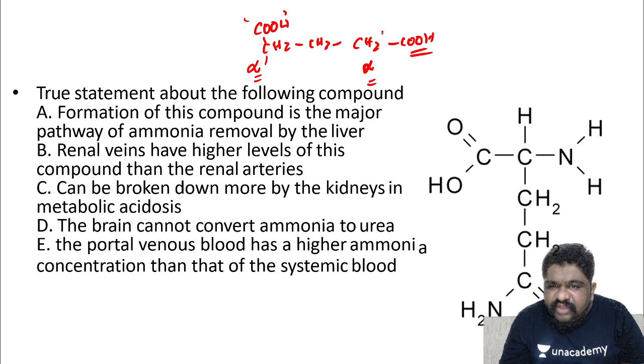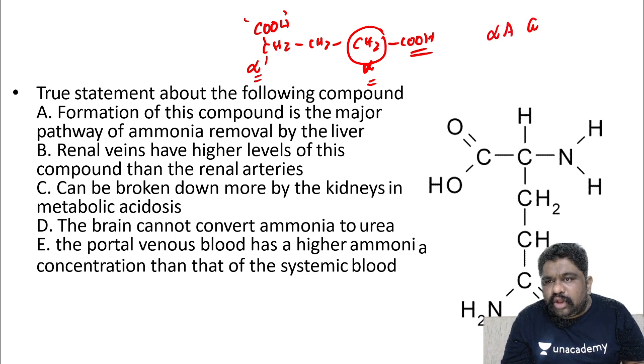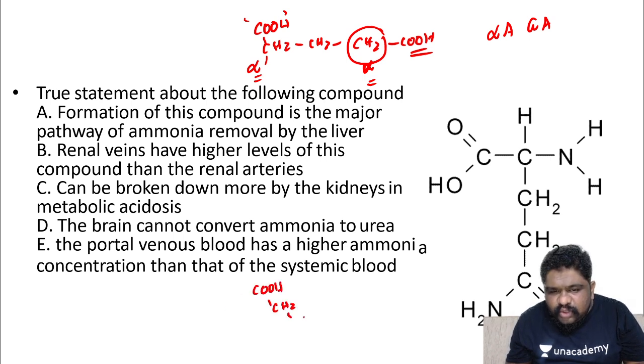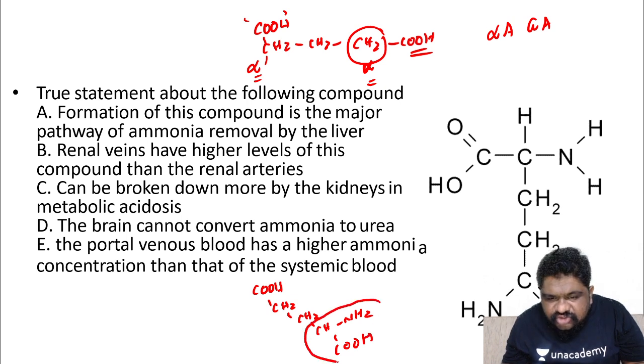Now focus. If in the alpha position I place an amino group, then that is called alpha amino glutaric acid. It works out as COOH, CH2, CH2, CHNH2, COOH.